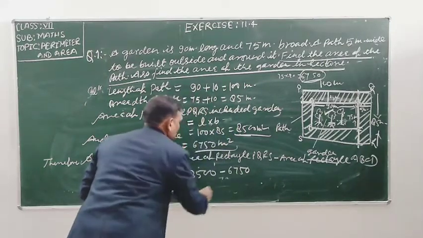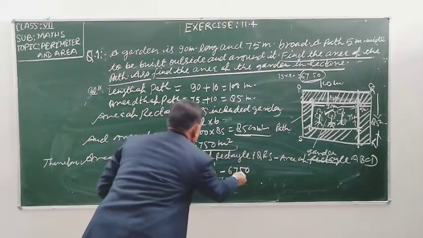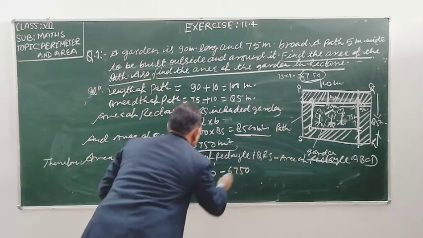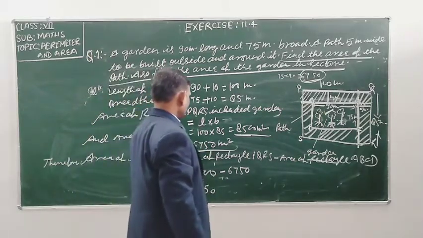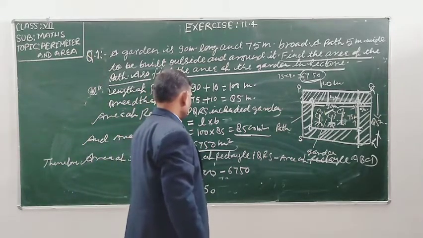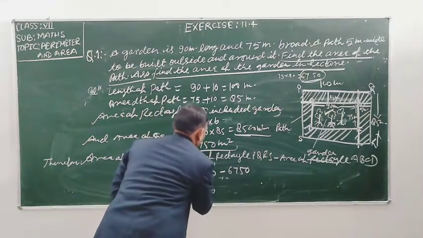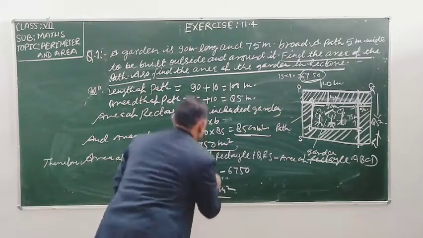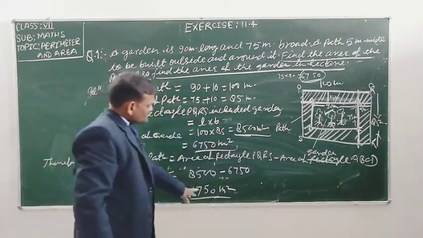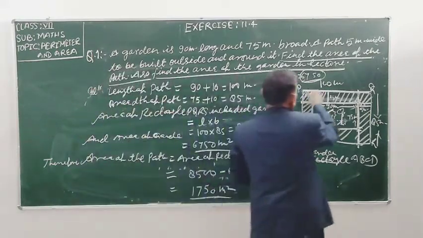Now subtract it, student, 0 minus 0 is 0, 10 minus 5 is 5, and 14 minus 7, that is 7, and 7 minus 6 is equal to 1. 1,750 meter square is the area of the path.